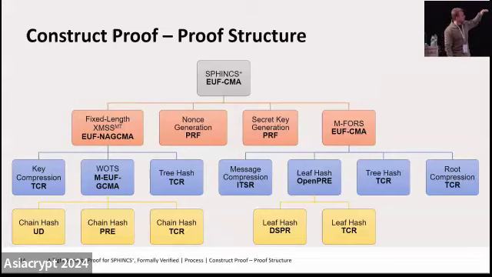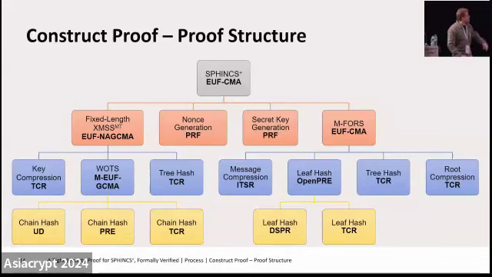And then if we go one layer down, we see that this is implied by 4 different properties, two of which are PRF properties for a nonce generation function, as well as a secret key generation function. And then on the left-hand side, we have an EUF-CMA variant for the fixed length XMSS multitree that SPHINCS+ uses. And on the right-hand side, we have the EUF-CMA property of the M-FORS multi-instance FORS scheme that SPHINCS+ uses.